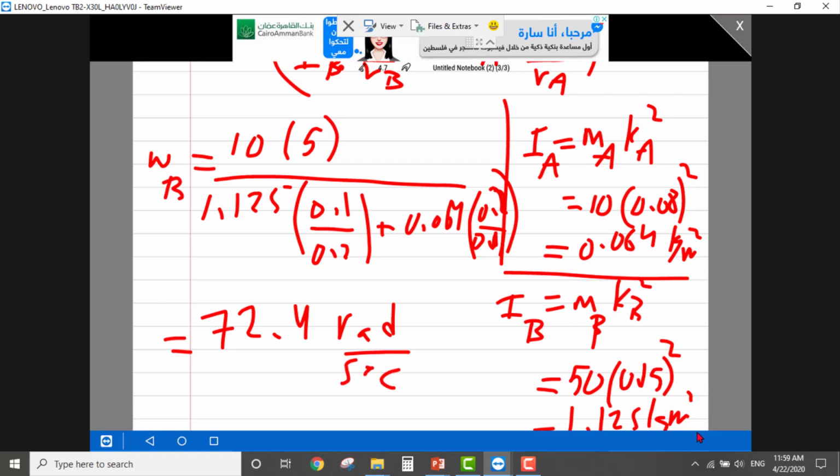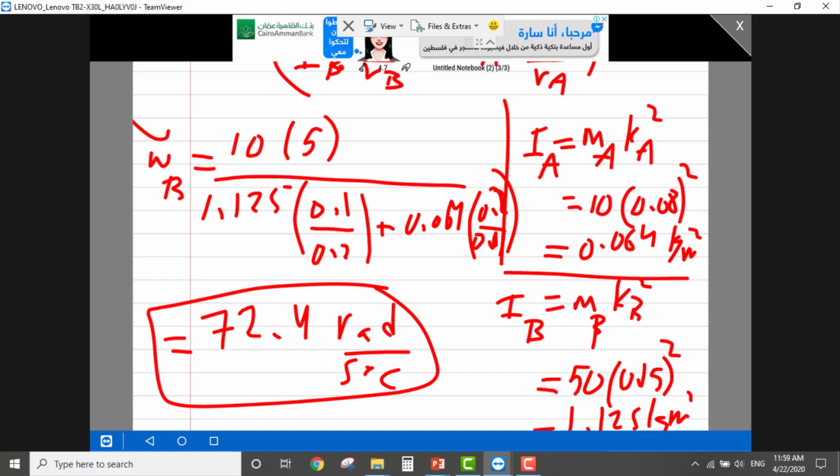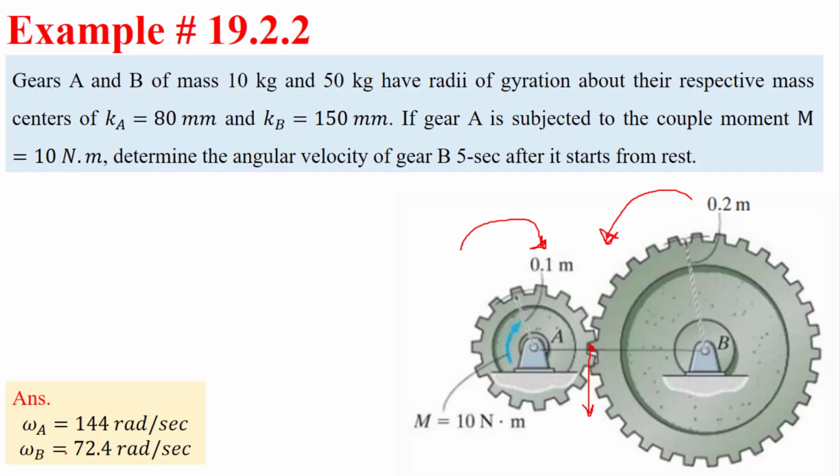Okay, and this is the needed information. So this is omega B. If we go back to the slide, the correct answer for omega B is 62.4. So there is no need to find omega A, but if you want to find it, it will be 144.